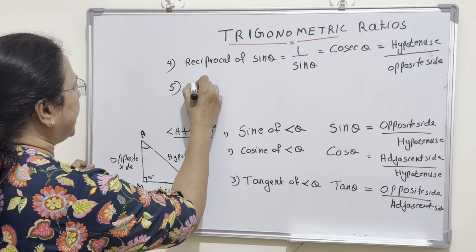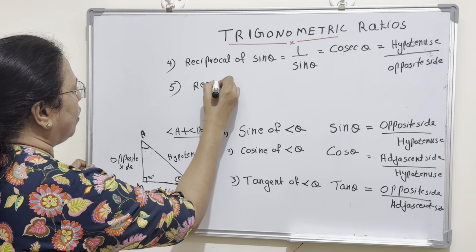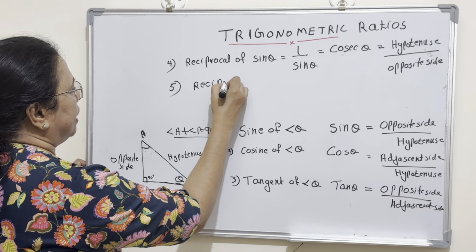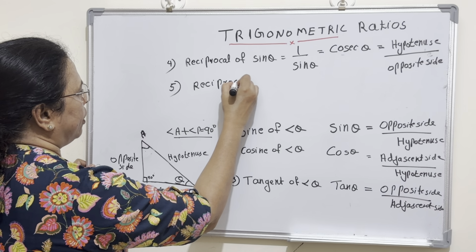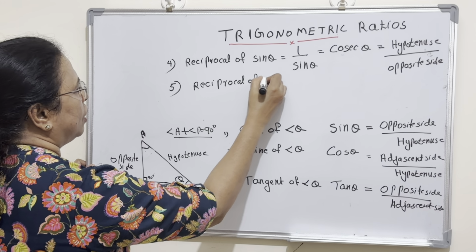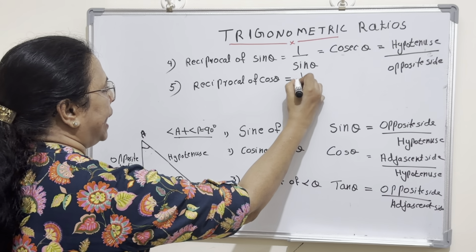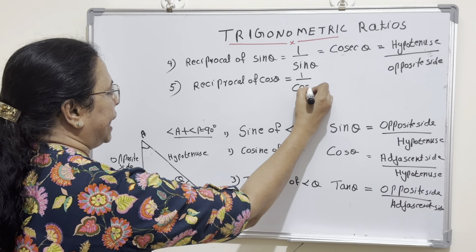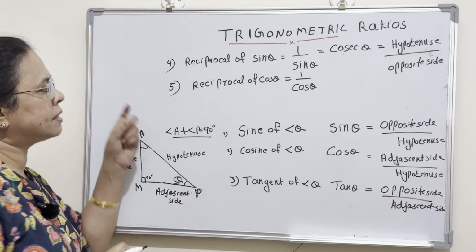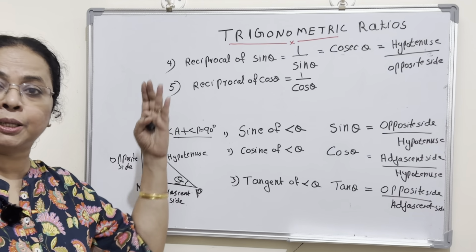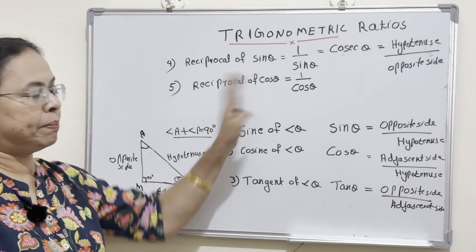So the reciprocal of cos theta. Mathematically I can write the reciprocal of cos theta as 1 by cos theta. The reciprocal of any number means 1 by that number.